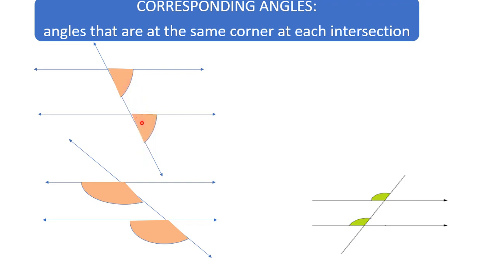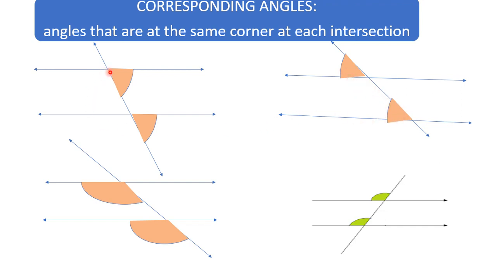So by the figure you can understand what the corresponding angles are. Here these two are, in this figure these two are, in this figure these two are. Again, these two lines are intersected by a transversal, then again these two pairs are the corresponding angles.